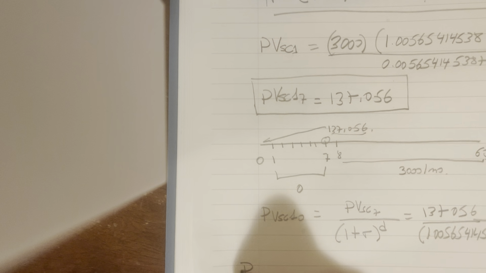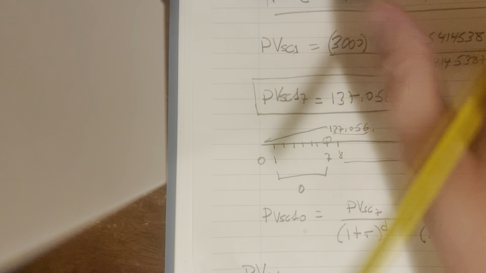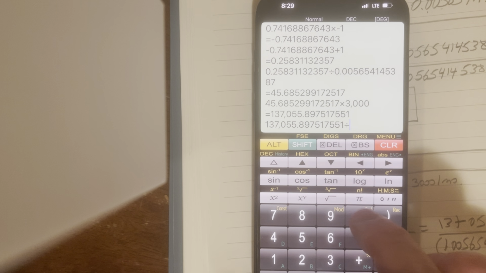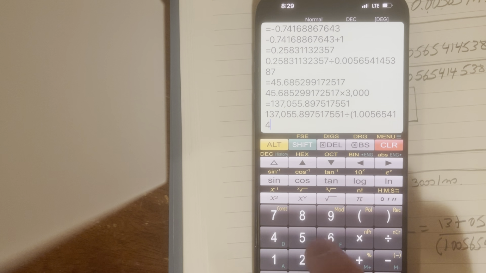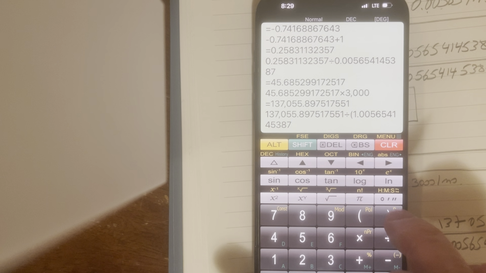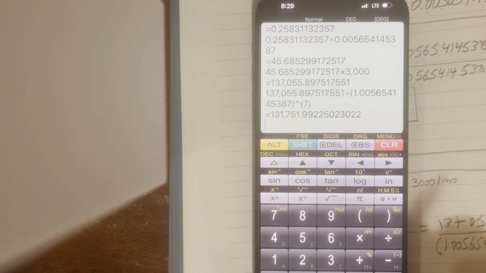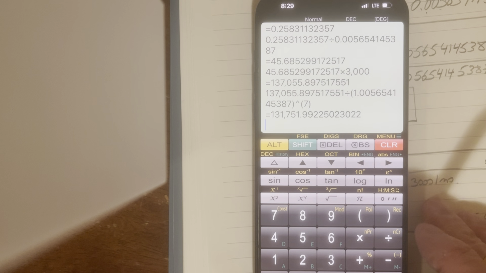So my present value under scenario 1 at time 0, which is today, is equal to 131,752. I'm rounding up.